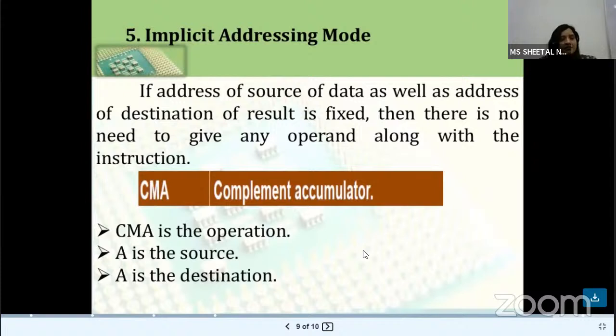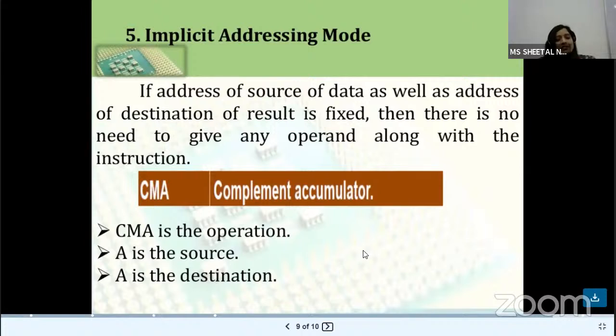If we have eight 1s in the accumulator and then use this instruction, CMA, the contents of the accumulator will become eight 0s. What we have done is that the 1s are converted into 0s, meaning the contents of the accumulator are complemented.